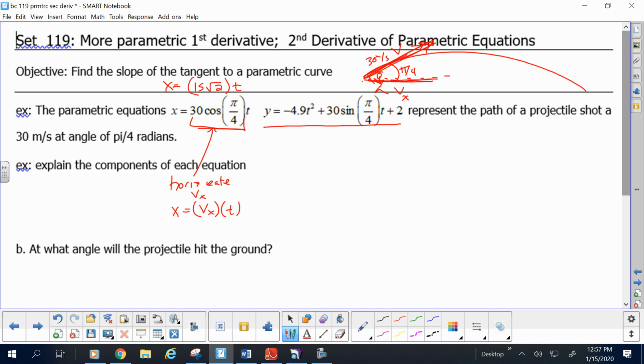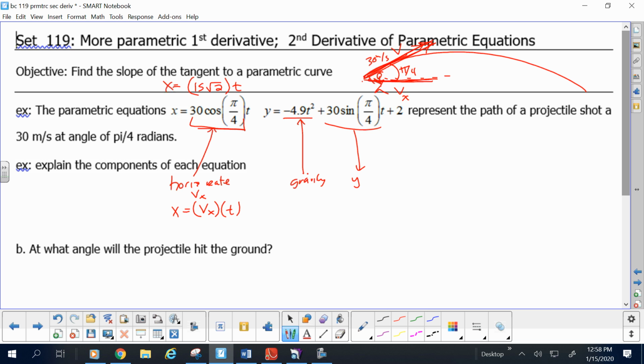Now, vertical, a little more complicated. Vertical, you can see there are 3 components. So let's talk about what each one does in turn. What is this guy there? Acceleration. That's acceleration due to gravity. Okay, now, gravity obviously is affecting the vertical position. What is 30 sine pi over 4 t doing?